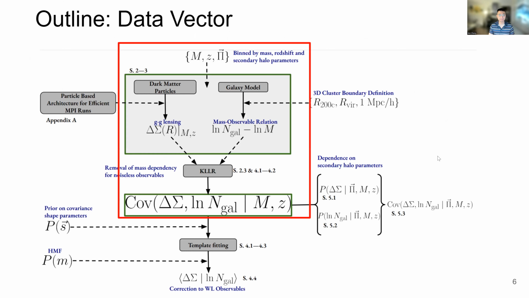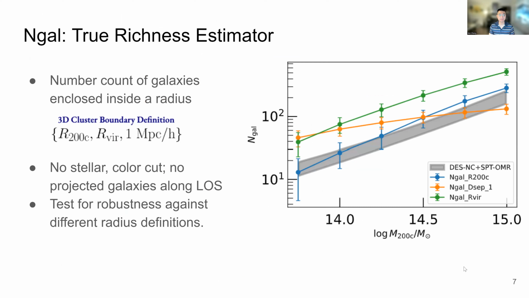Here, I will first introduce the data vector. To build a covariance, we need two ingredients, richness and delta sigma. Richness is here defined as the total number of galaxies enclosed inside a gravitationally bound radius of the cluster. We play with different radius definitions, R200C, R virial, and a constant 1 megaparsec radius.